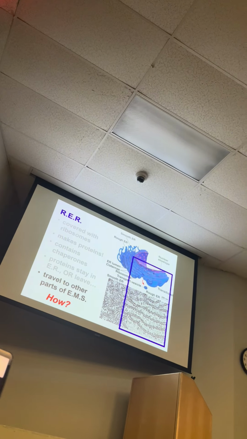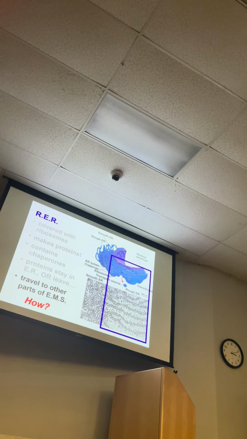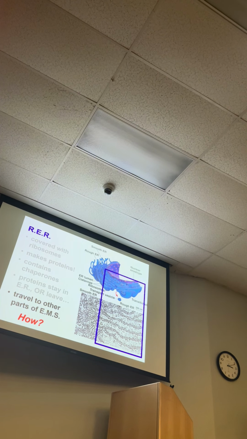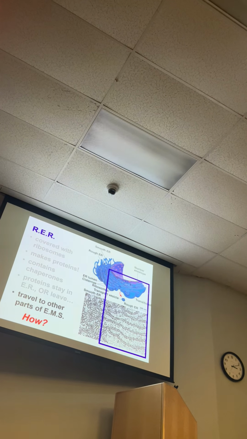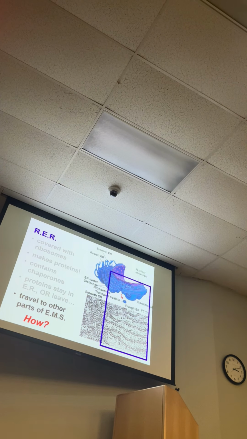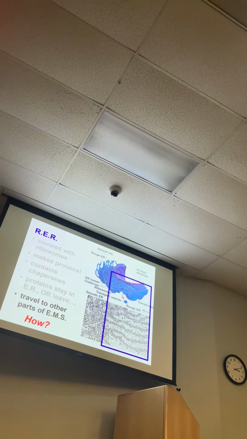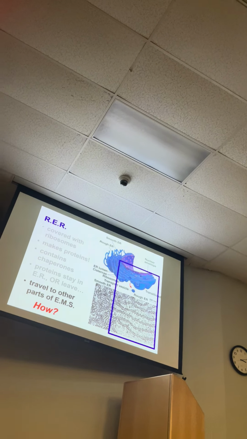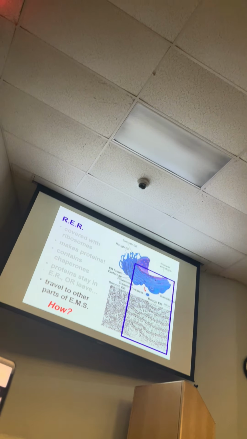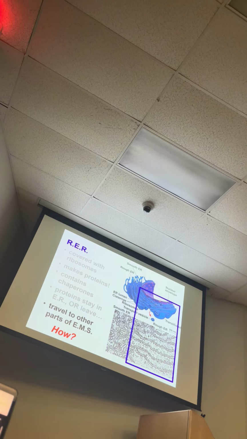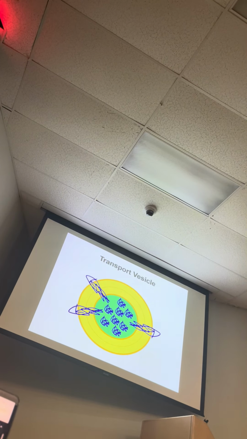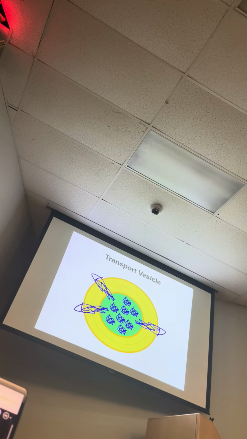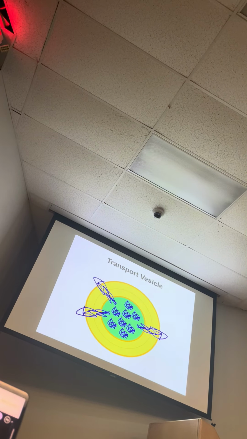At that point they would go where? Well, it's a little bit limited. You can only go to other parts of the endomembrane system. That's the limit, right? And you travel by what? Transport vesicles, transport proteins.